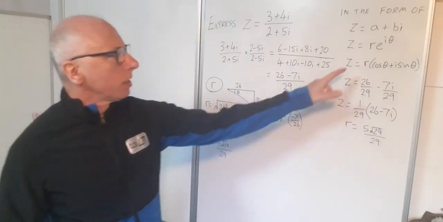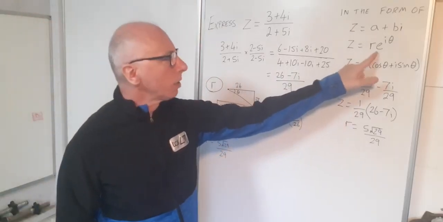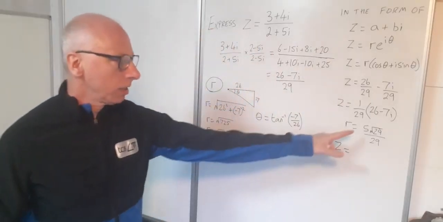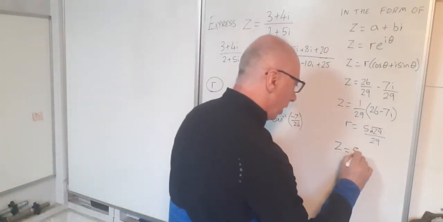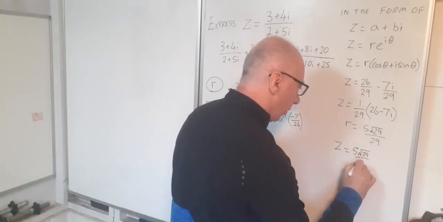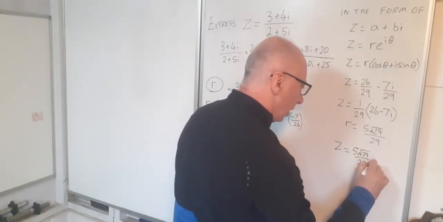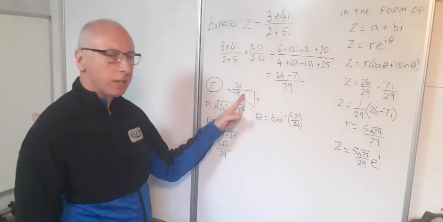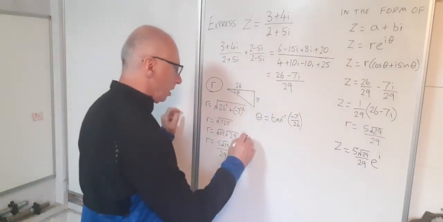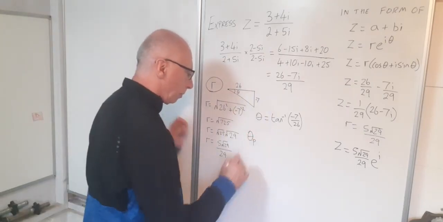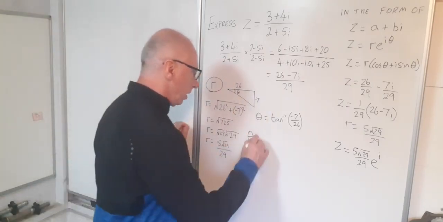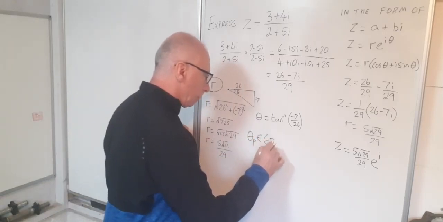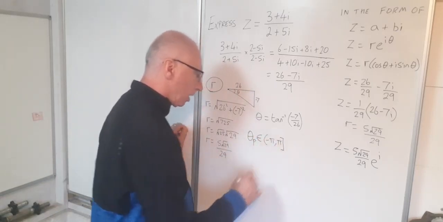So now what we can do is we can set up this component. So now z equals, radius is this, 5 root 29 over 29, e to the i theta. As this is obviously the principal argument, I'll use subscript p for the principal value of theta, that has to be in the range of values of minus pi to pi inclusive.